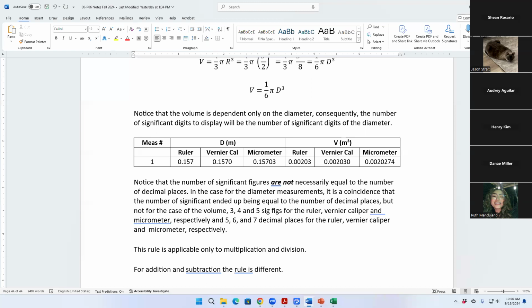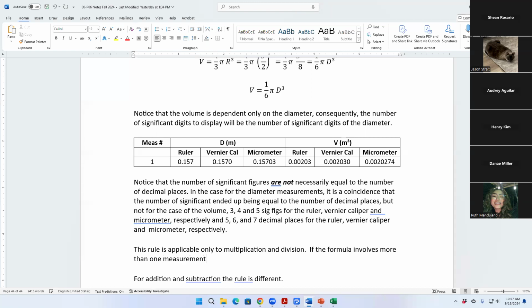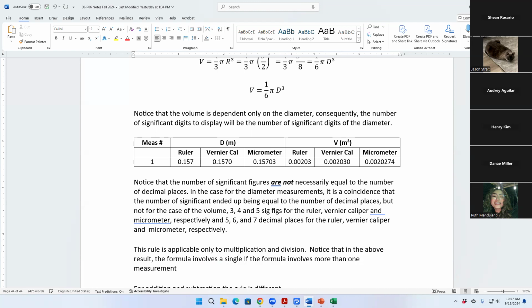Okay? If the formula involves more than one measurement, note that in the above result, the formula involves a single measurement, the diameter.